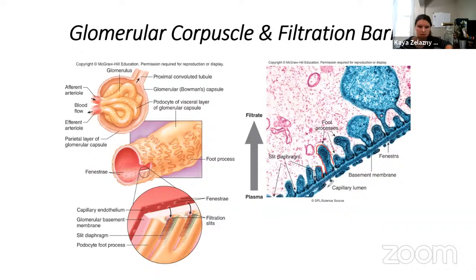And here we see our capillary endothelial cells, which have our little windows, our fenestrations. So that's the filtration barrier for things crossing from the plasma and becoming filtrate.